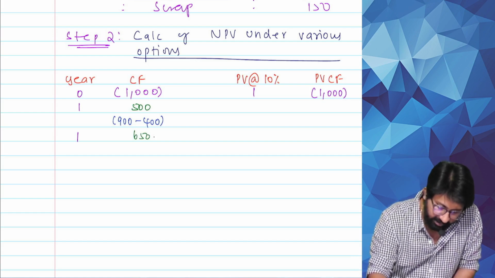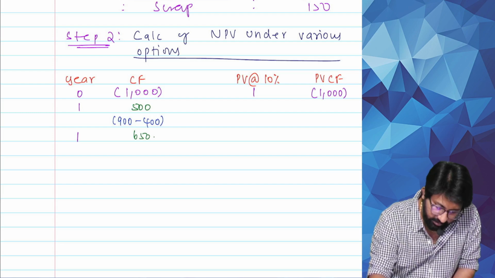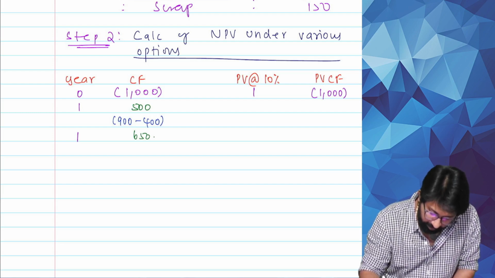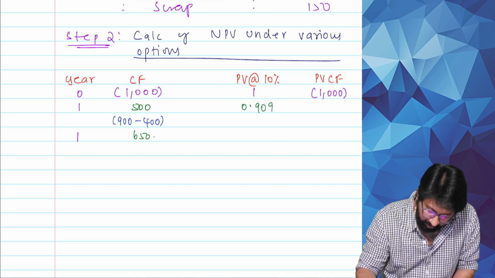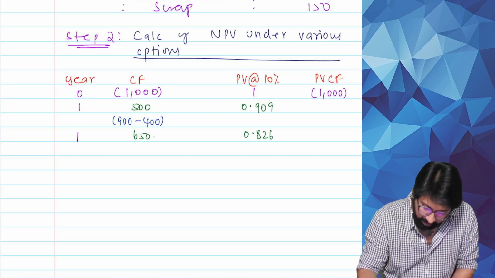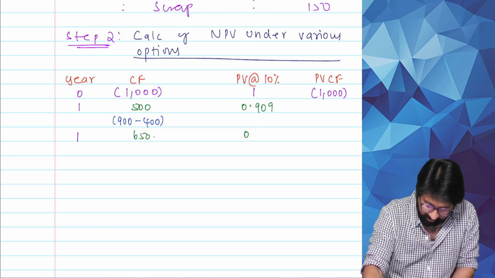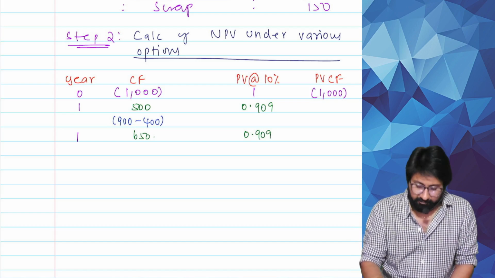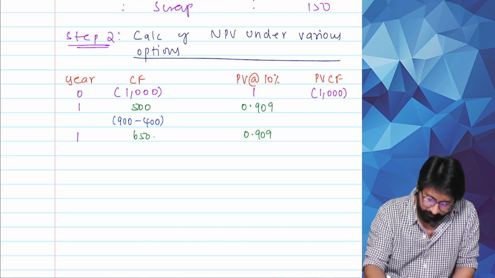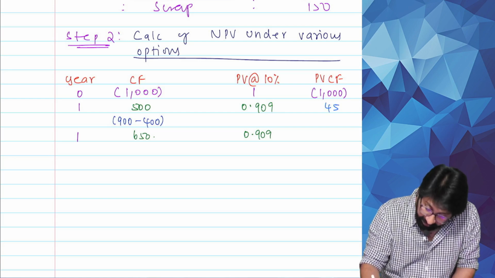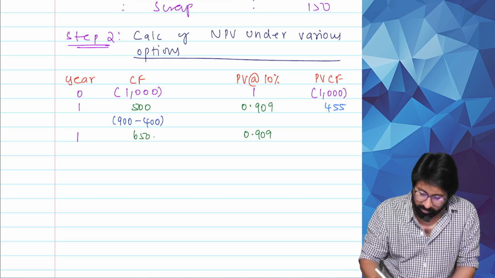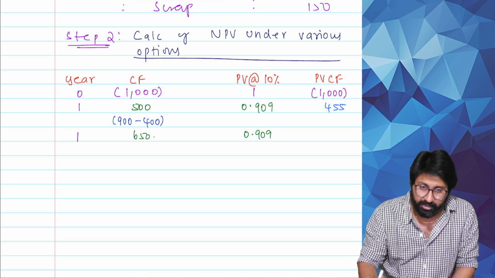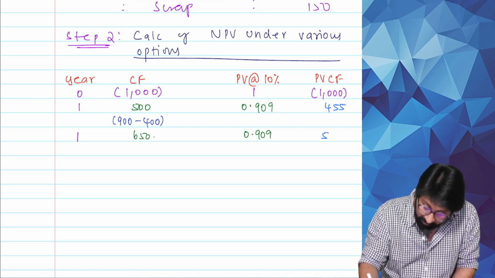At 10%, what is the factor? 0.909. Sorry, my mistake. 500 into 0.909 is 455. 650 into 0.909 is 591.